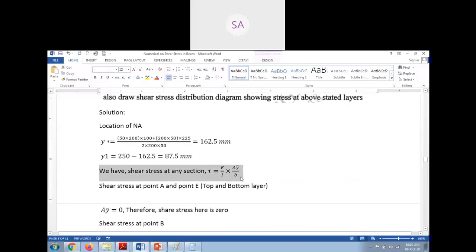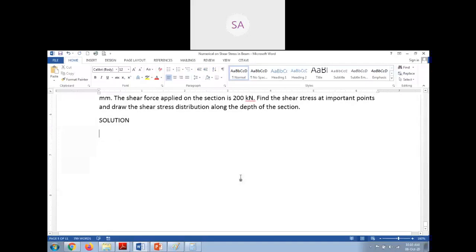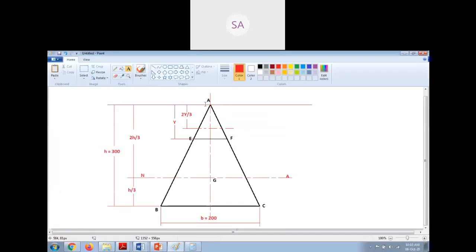We have shear stress in any section: tau is equal to F by I into A y bar by B. Correct? Now I have to find A y bar of this small triangle and then I of this complete section, and at this level y, EF is the width.